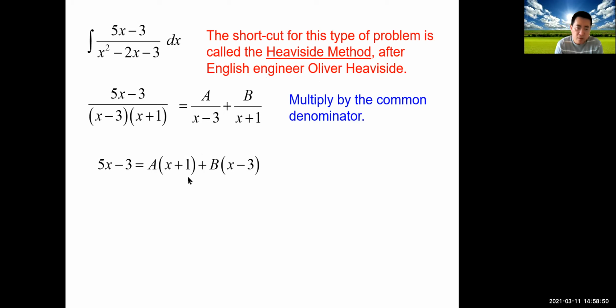Now the second method relies on the fact that the polynomials on the left and right are equal for every value of x, regardless of what x is. So no matter what x you put in, you always have this equality.